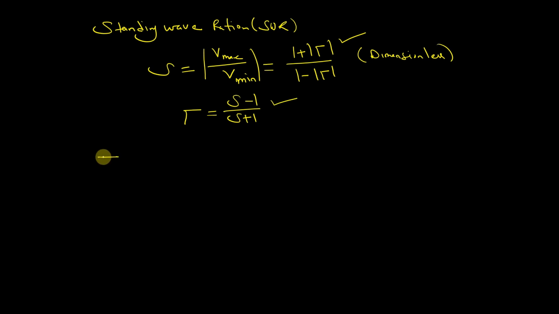Now if gamma is equal to 0, meaning no reflection, then S is equal to 1. This is the matching condition, when Z_L is equal to Z_0, so a matched load is there.